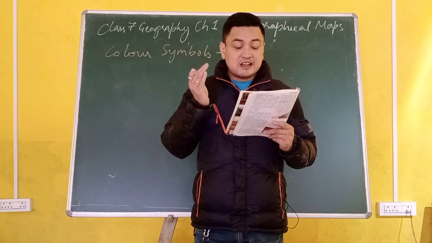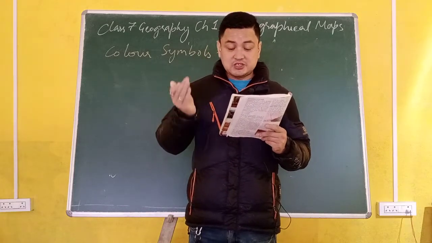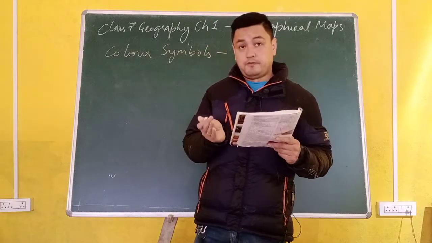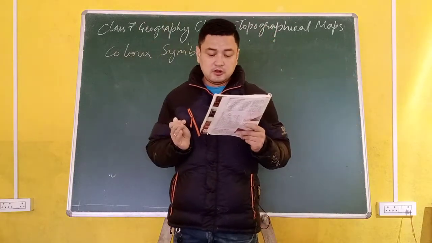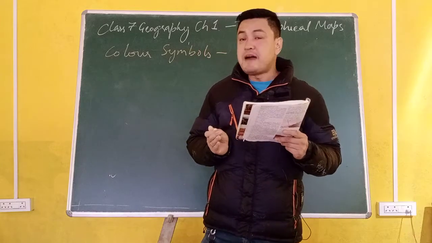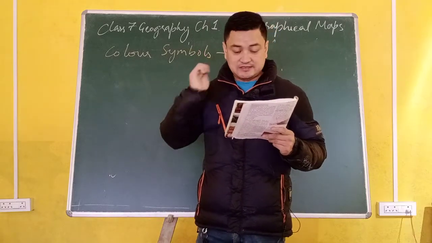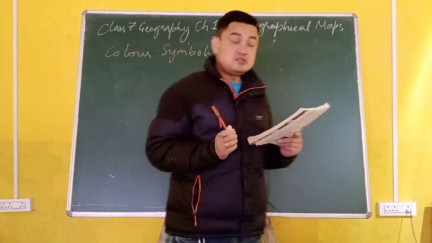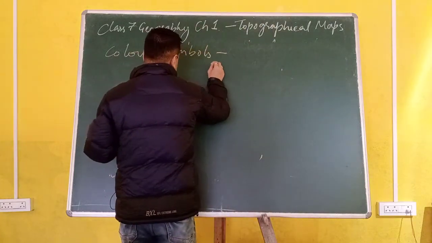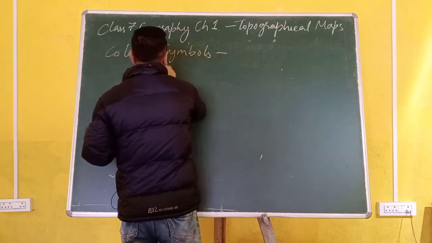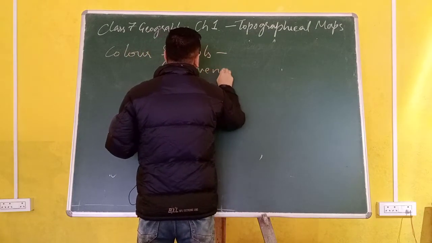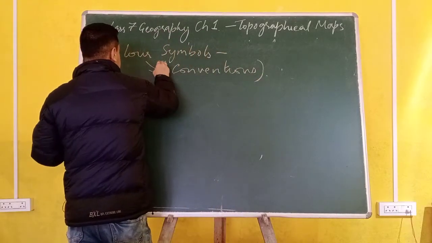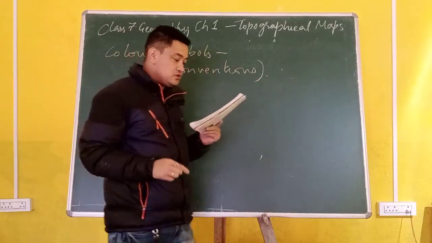Thus, this color association, and convention, convention means tradition that we follow all over the world, were fixed for topographical maps on similar patterns. These are called color conventions or color symbols.